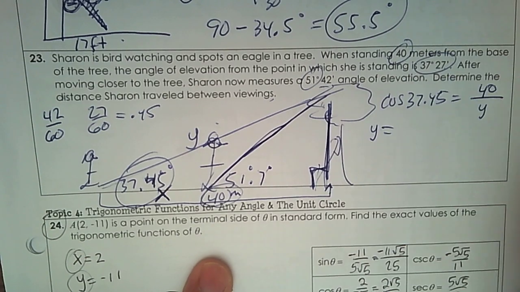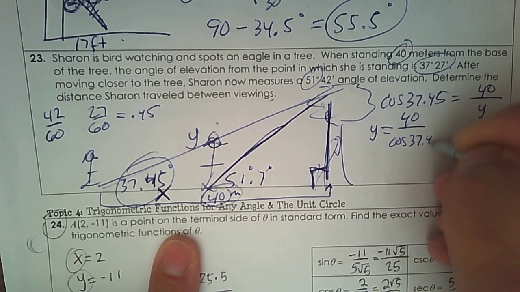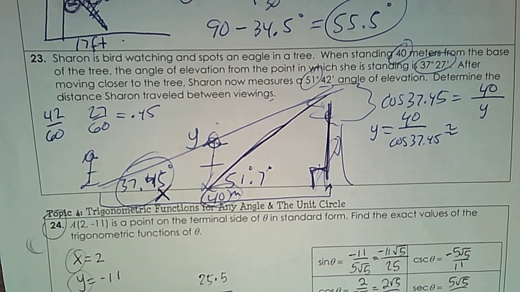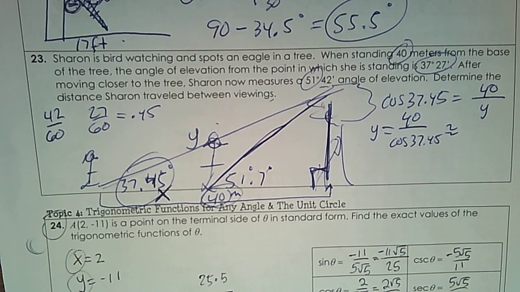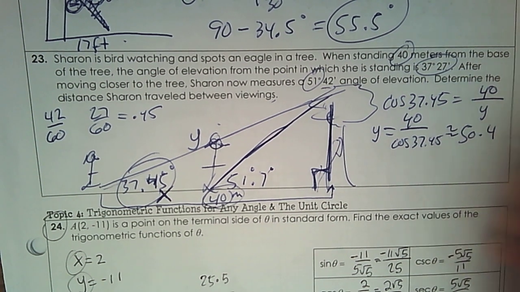Then when I multiply and divide, I go 40 divided by cosine 37.45. So let's see approximately how long that hypotenuse is. And I get the hypotenuse to be about 50.4. I'll use that number, it's fine.